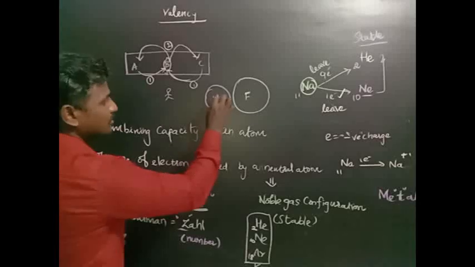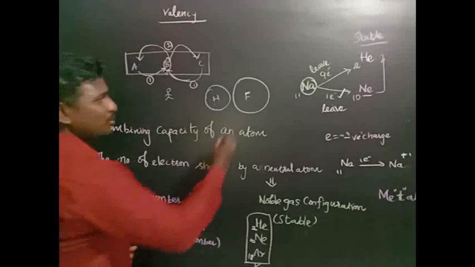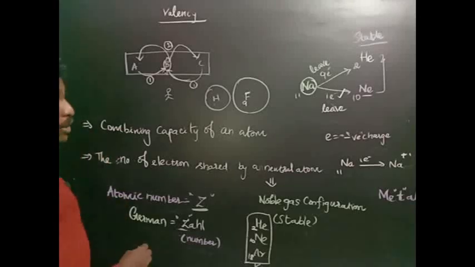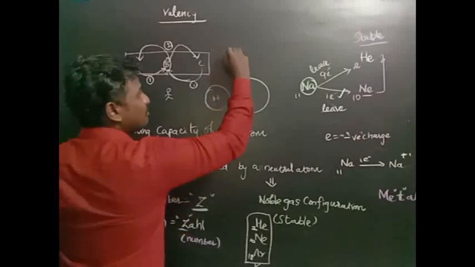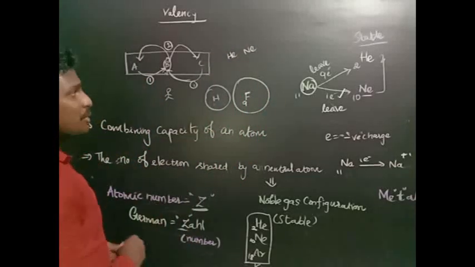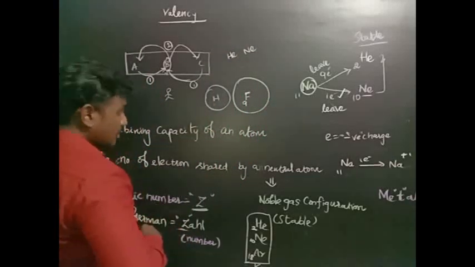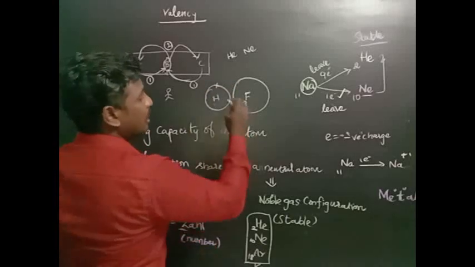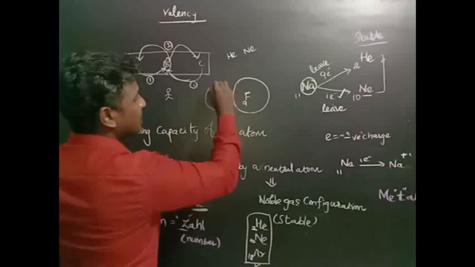It is 1. And what is the atomic number of fluorine? It is 9. What they want to become is to reach the stable configurations, helium as well as neon, right?